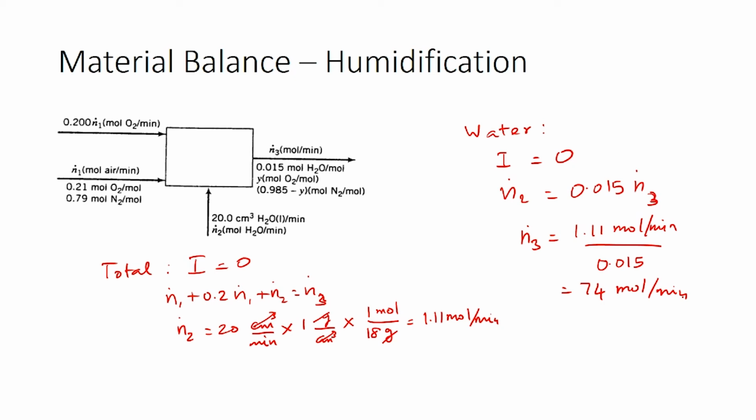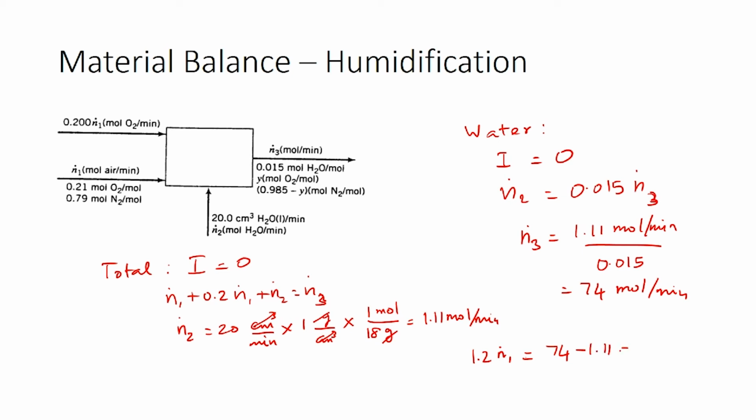We still need to calculate the molar flow rate of air and the oxygen which is entering the system. This we can do by substituting N2 and N3 in the first equation, which is the total balance equation. So, substituting them there, you would get 1.2 N1 dot equals N3 dot, which is 74, minus N2 dot, which is 1.11.